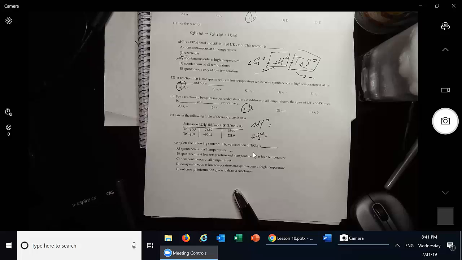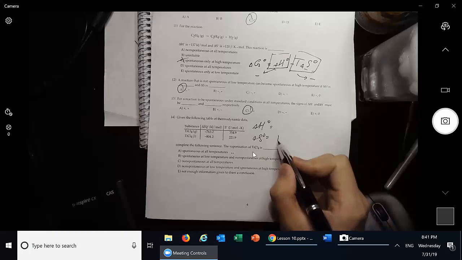So we're turning something from a liquid, where all the molecules are close together, into a gas, where all the molecules fly around very quickly and very randomly. So what does this say about delta S? Are we increasing or decreasing the order? All right, we're increasing the disorder, so delta S should be positive.